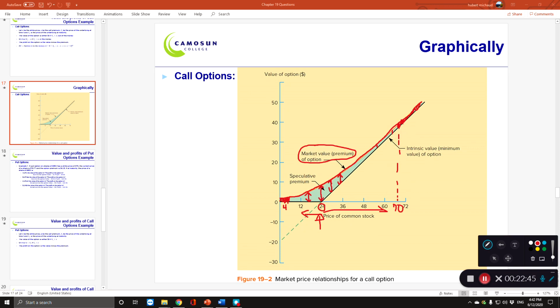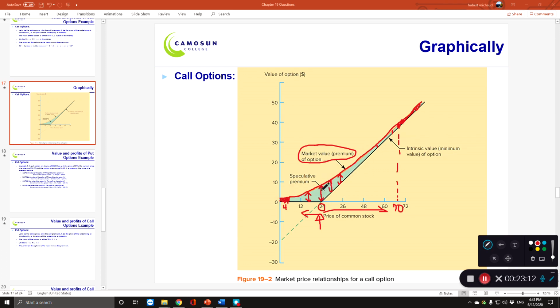Does it offer you protection? No, not until the share goes down to $24. So it's highly unlikely that you would actually use the downward protection offered by the option. So it loses some of its value when we're really far from the strike price on the right because you lose access to the downside protection. When we're really far on the left side, you lose access to the upside potential of the option.